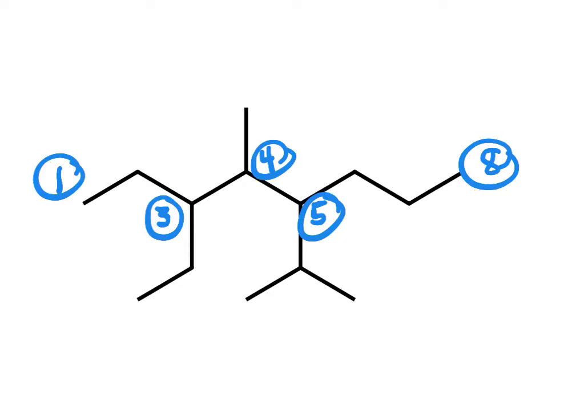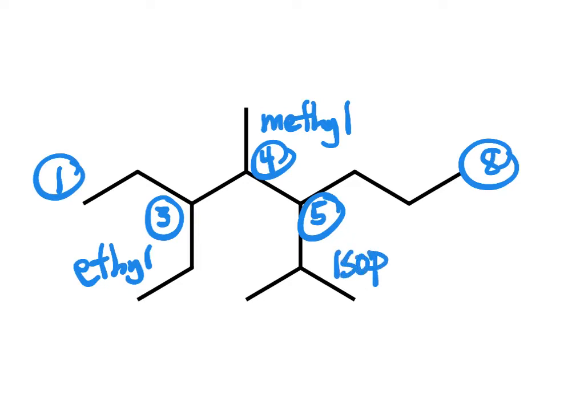So for example, this one here on carbon 3 is going to be a 2-carbon chain, so that's going to be an ethyl branch. At carbon 4 here, I have a methyl branch, 1 carbon long. And on carbon 5 here, this is one of those common complicated branches that the notes mention. This is referred to as an isopropyl branch.